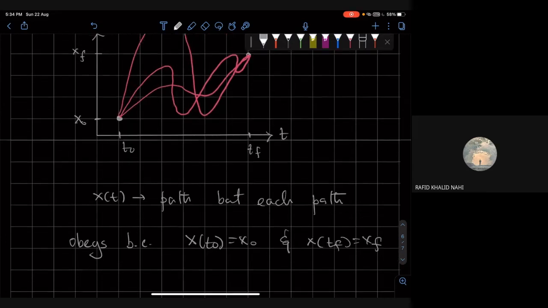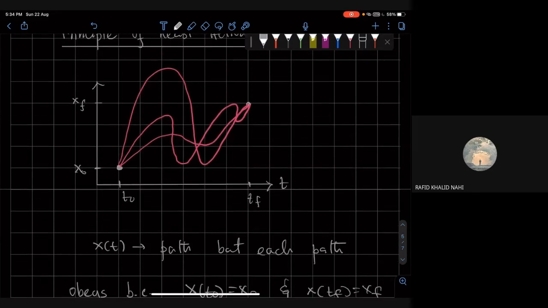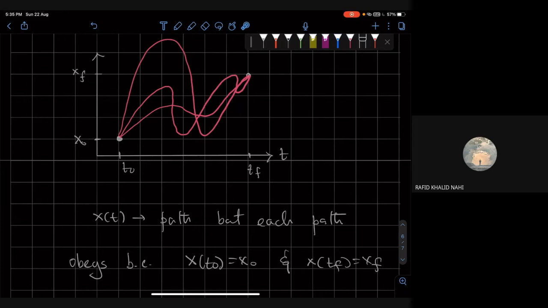Now note that for each of these paths, we can calculate the action, right? We can do the integral for each of these functions, and we will get a value for our function.